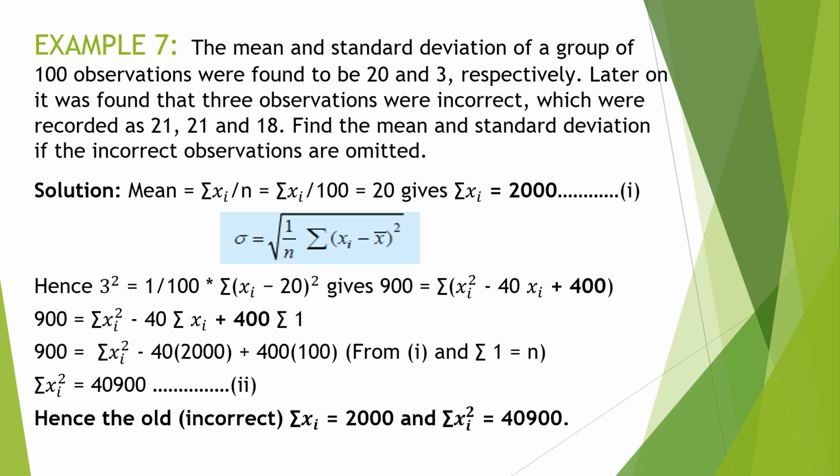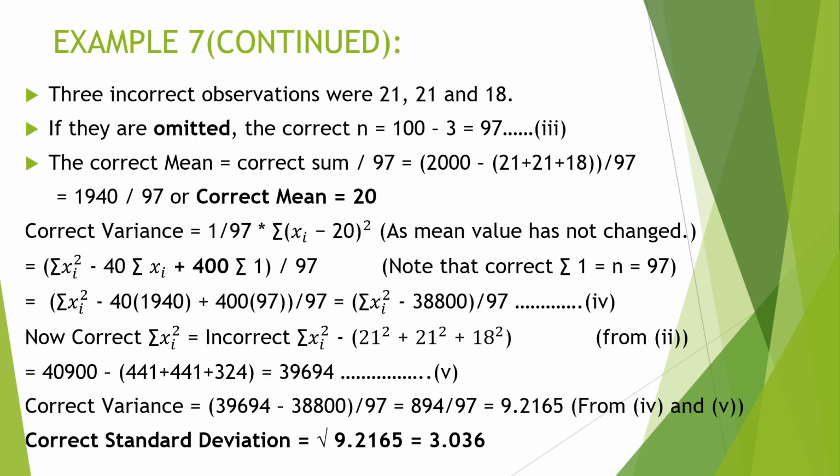So what we have obtained till now, the old or the incorrect summation sigma xi is 2000 and the old or the incorrect sigma xi square is 40900. Now we have to remove the incorrect observations which were 21, 21 and 18. So now total number of observations will become 100 minus 3, that is 97.